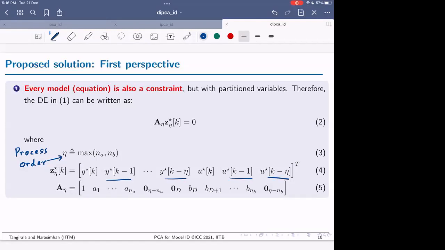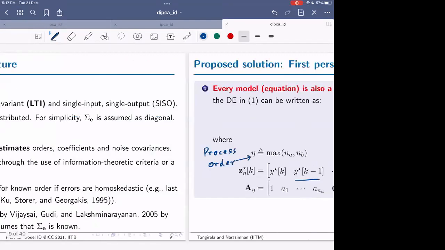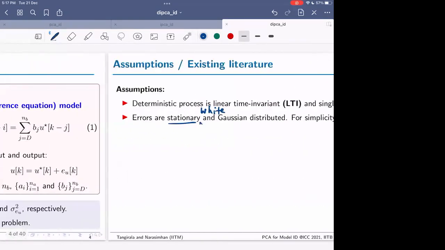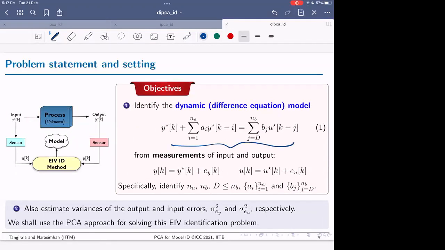How do we choose eta, how do we calculate it, how do we guess it, is something we'll talk about very soon. So for a specified eta, we stack Zn star as in equation 4. And the original equation that we wrote earlier, equation 1, can now be rewritten in terms of eta.